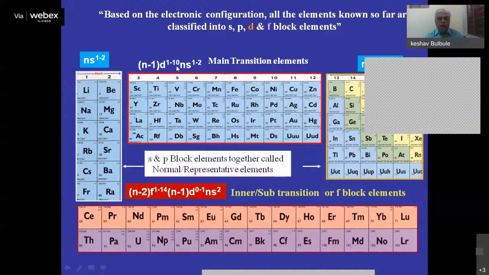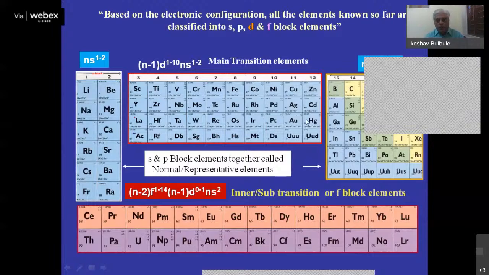That means the outer electronic configuration remains practically constant as the atomic number increases from scandium to zinc, then yttrium to cadmium, then lanthanum to mercury, right? The added electron enters into the inner d subshell and not the outer s subshell, right?